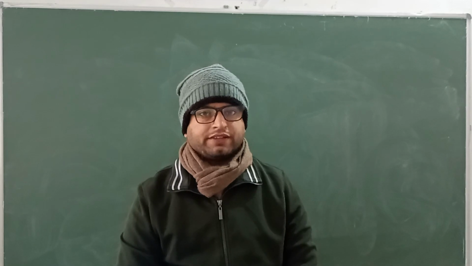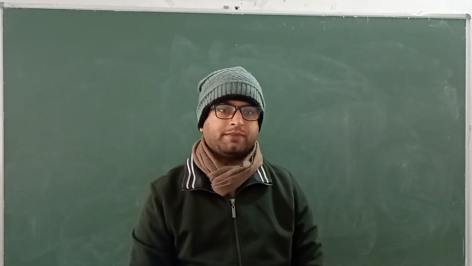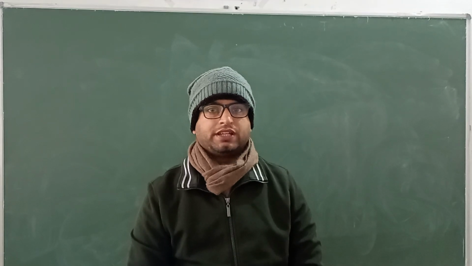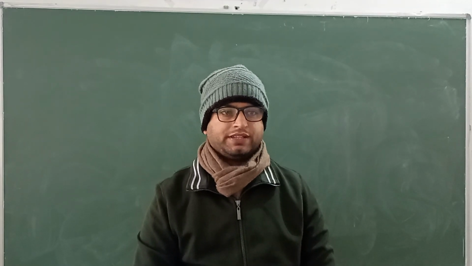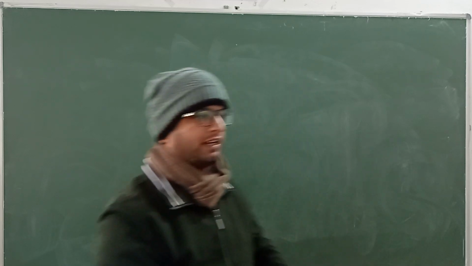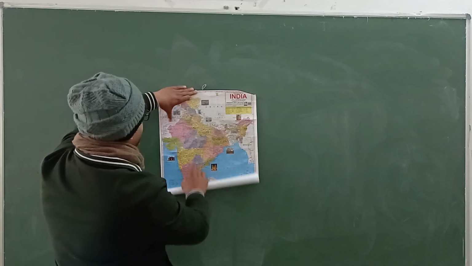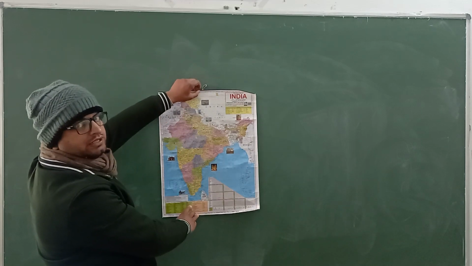Now we will look at the physical division. The physical division comprises the northern Himalayas, the northern plains, and the Deccan Plateau. What we are forgetting is also an important part: the parts of Rajasthan which cover the Thar Desert.